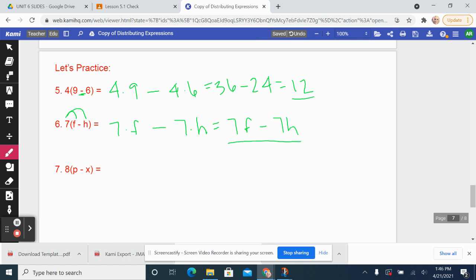So 7F minus 7H. Please write that down. All right, now same here. This 8 needs to multiply to P, and this 8 needs to multiply to X. The minus sign stays. So this becomes 8 times P minus 8 times X. So we get 8P minus 8X, and that is your answer. You do not do anything else.